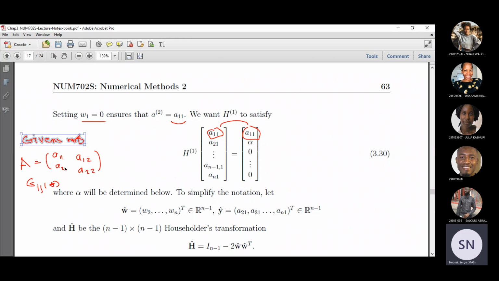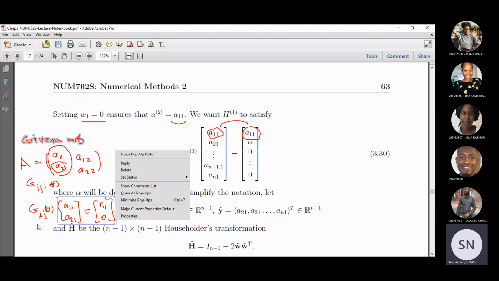When we multiply G(i,j) by A, we want this entry to be 0. So we concentrate on the first column, and we apply G(i,j) to that column to make sure it zeroes the second component. That's exactly what we did.